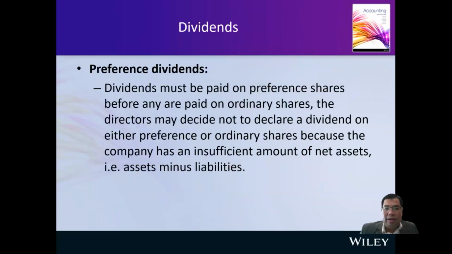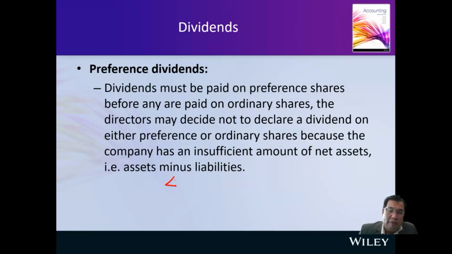For preference dividend, the dividend must be paid on the preference shares before any is paid on ordinary shares. The directors may decide not to declare a dividend on either preference shares or ordinary shares because the company has an insufficient amount of net asset. For example, net asset minus liability is negative.